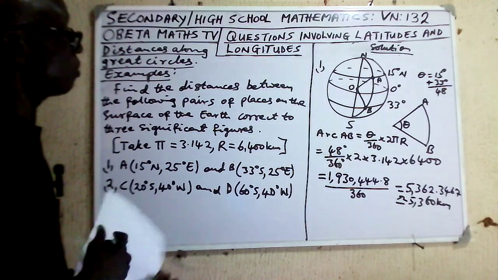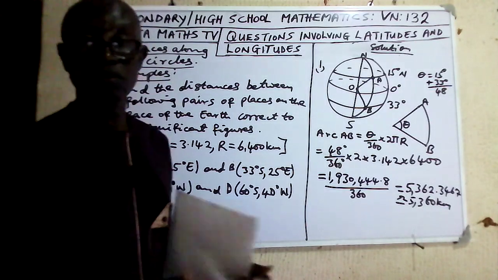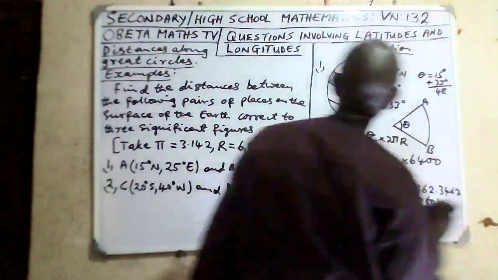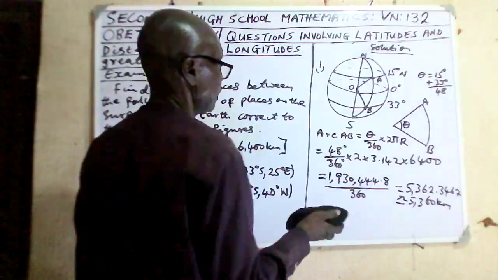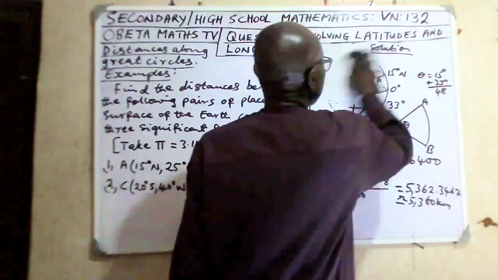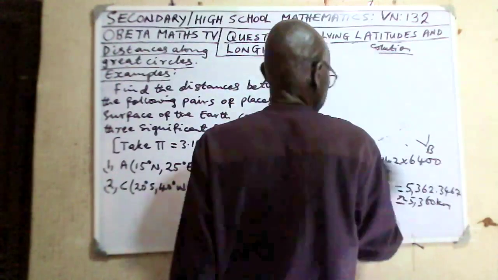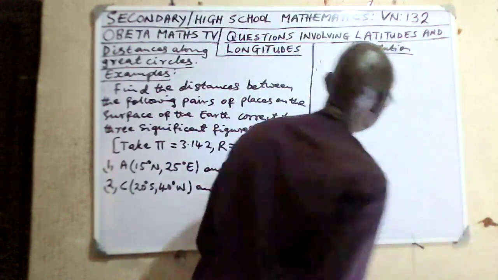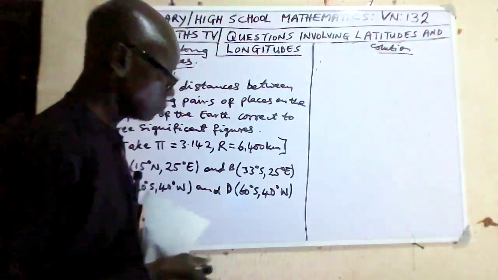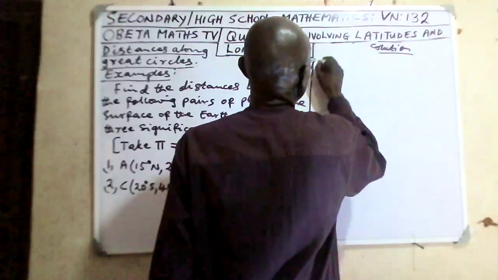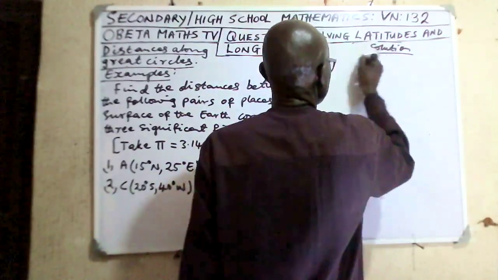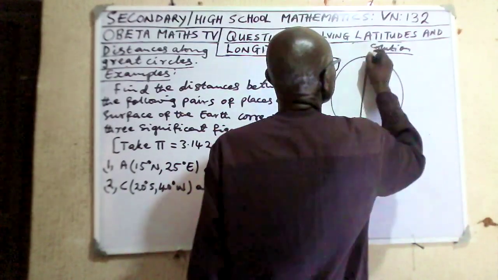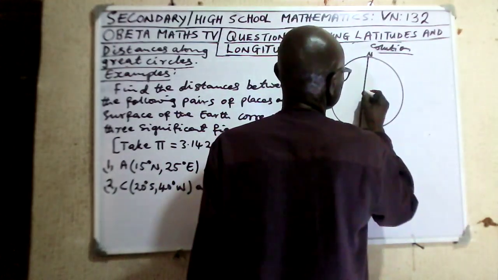So we go over to question number 2 quickly to see how we can calculate at the same rate. So we have to wipe off and then represent it. So now we draw again. That's question number 2. North, south.